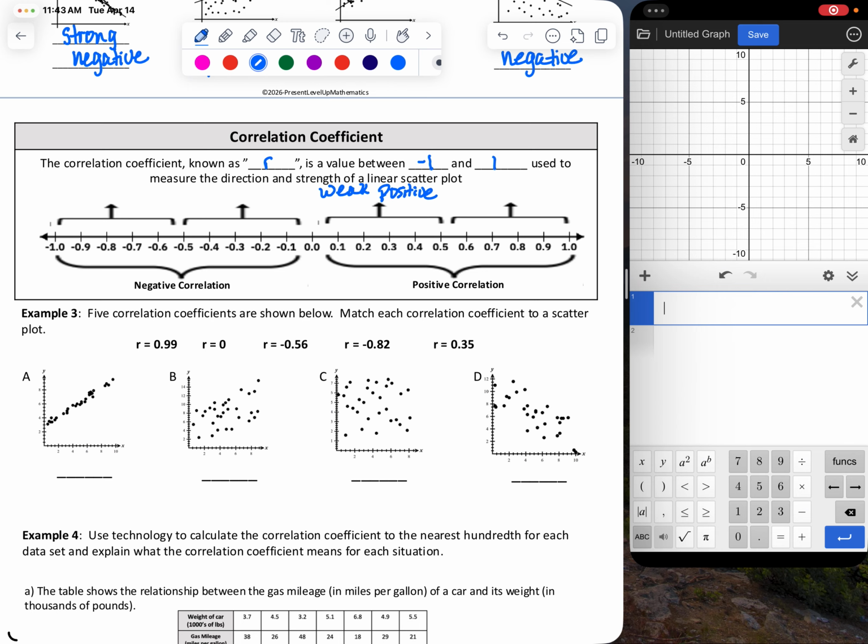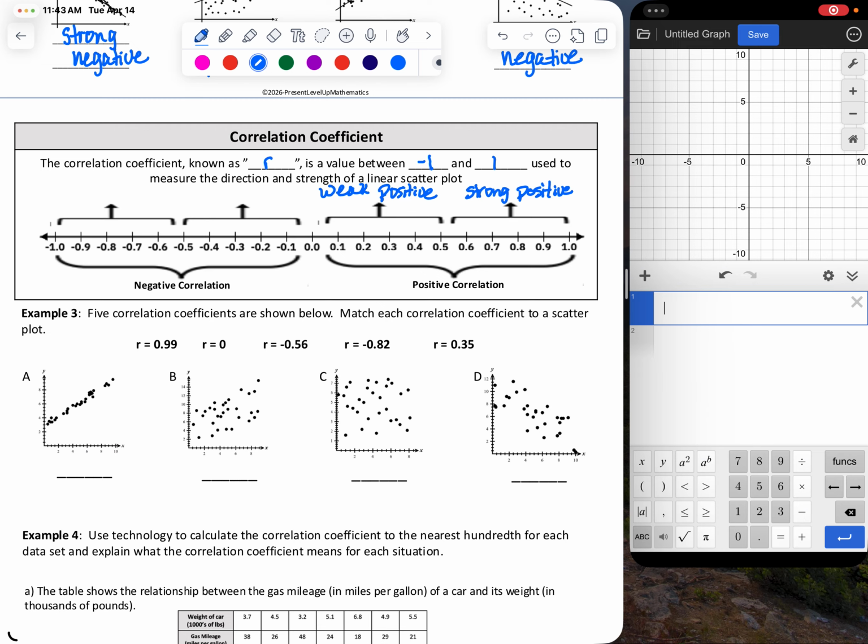As one thing goes up, the other goes up, but the points would not be clustered very tightly around the line of best fit. Now, if you're like 0.6 to 1.0, that would be a strong positive. So the closer you get to 1, like 0.9999, that's a very strong positive correlation.